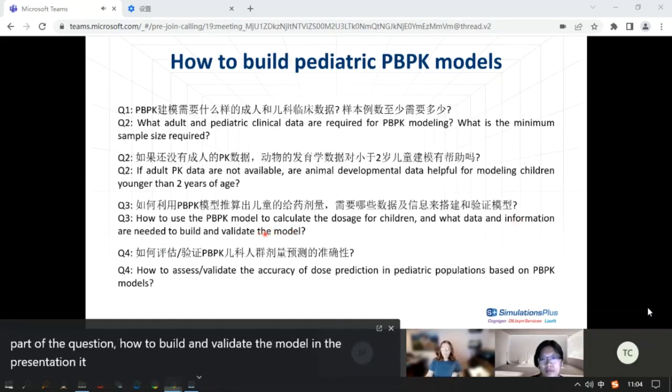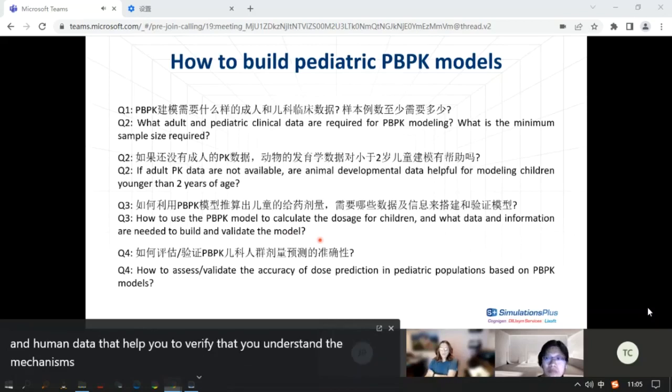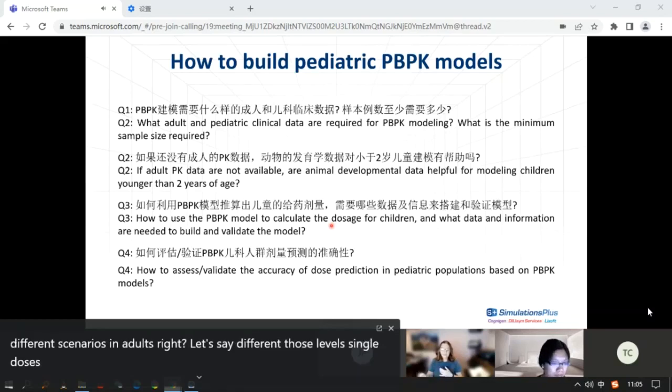Right? Typically, you would have some animal data and human data that help you to verify that you understand the mechanisms. Right? You want to make sure that you are able to model different scenarios in adults. Right? Let's say different dose levels, single doses versus multiple doses. If there is data available for different administration routes, right?